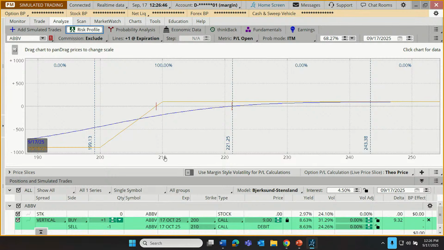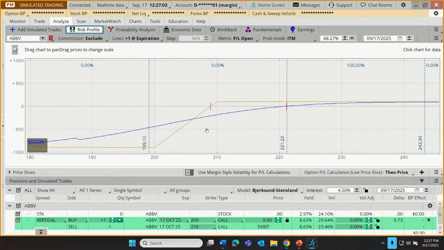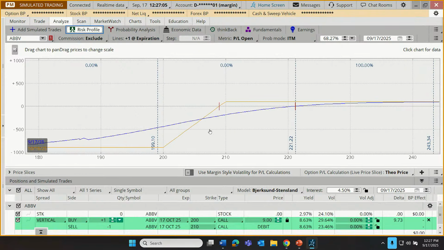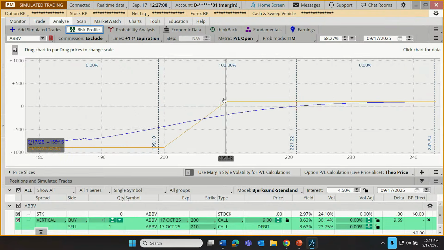But it's kind of pushed over to the left side of the chart. That's because we've put this trade on so far below the current price. The current price right now is at 221.22. Our trade scenario that we've set up is well below that. So I'm going to drag this over. Let's just drag that over a little bit. Let's just set it right there.